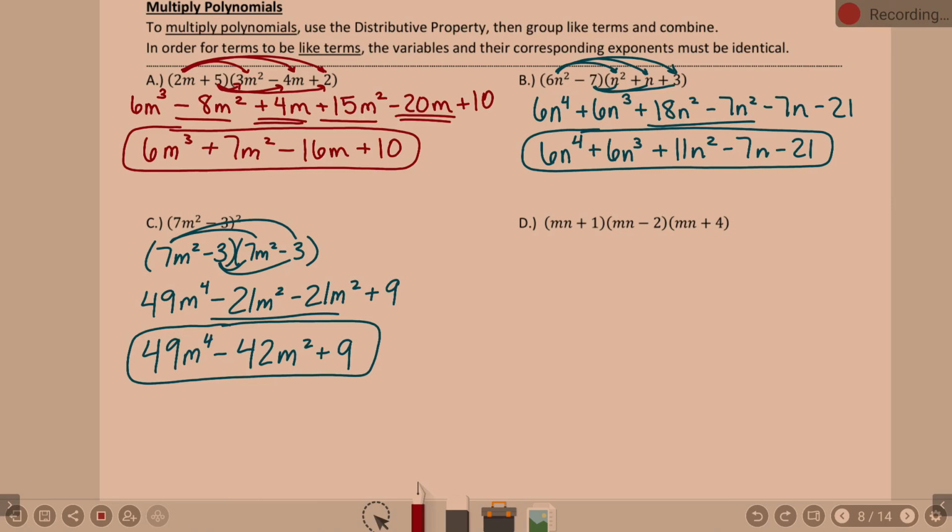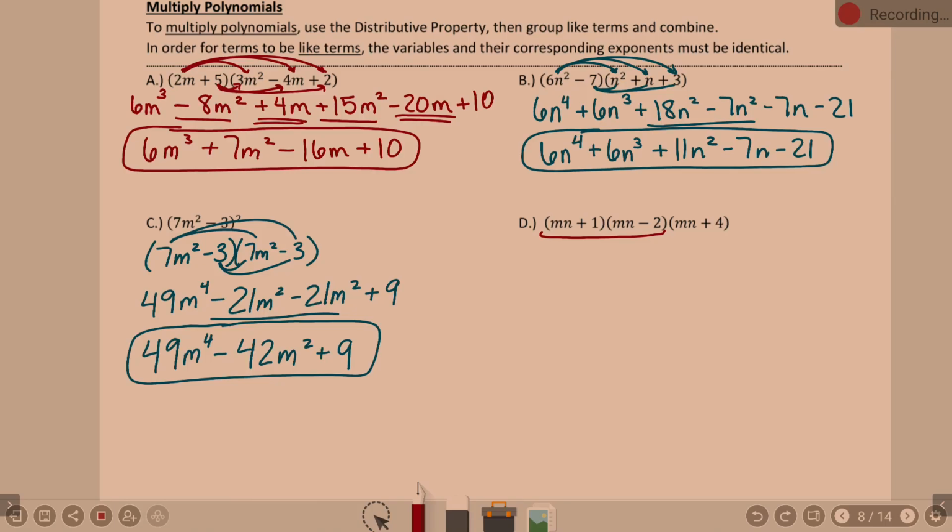When you have 3 pieces being multiplied together, pick 2. It doesn't matter which 2 technically. Pick 2 to multiply together. Don't forget to carry the third one down, and then we'll multiply it in once we get the first 2 multiplied. It's a little more work, but it's your best bet, as opposed to trying to multiply all 3 of them together as you go.